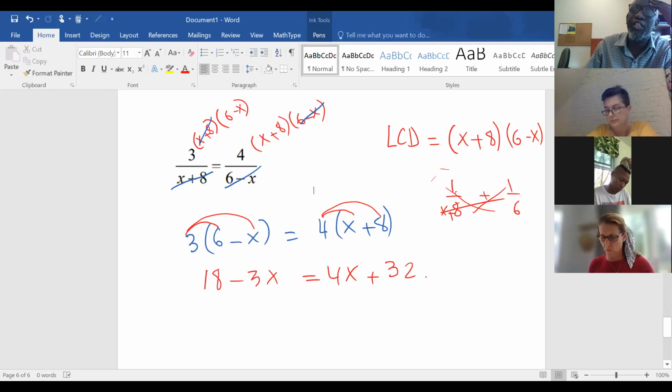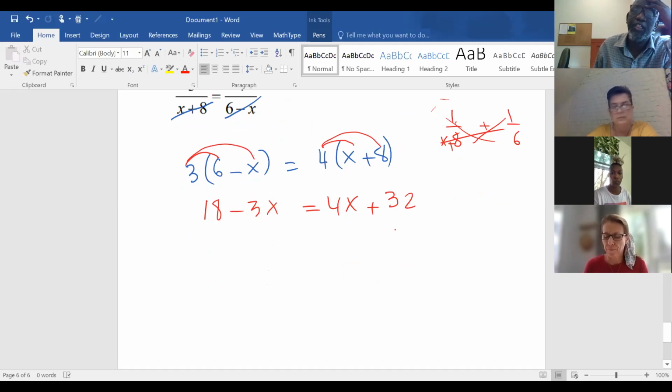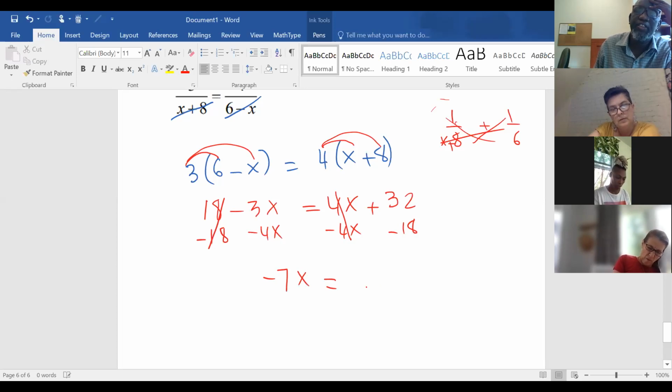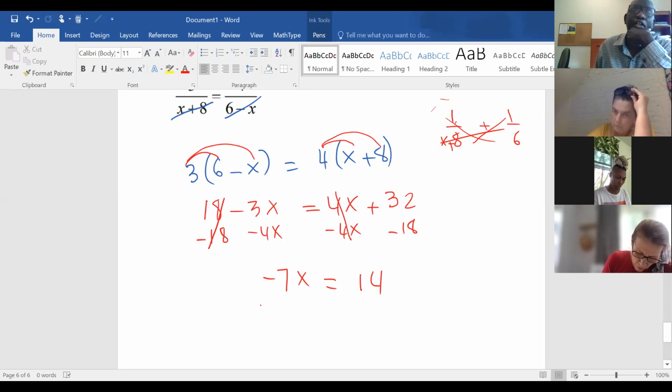You can choose to group the x's on the left side and the numbers on the right side, or you can do it the other way around. It doesn't matter. Let me do minus 18 and minus 4x. So we get negative 7x is equal to 14. Then we divide by negative 7, so we get x equal to negative 2.